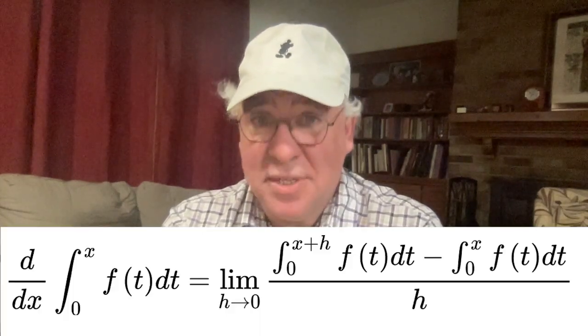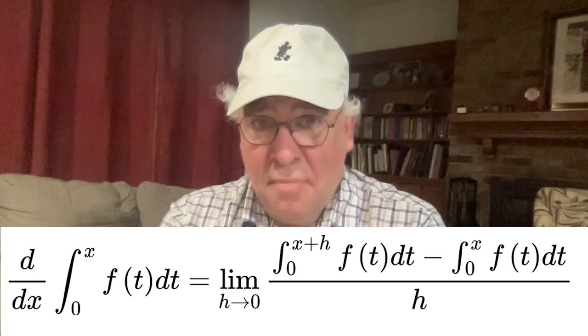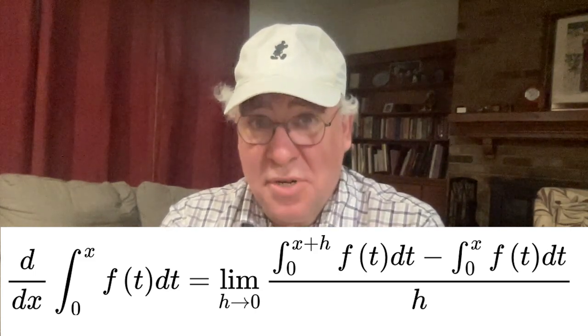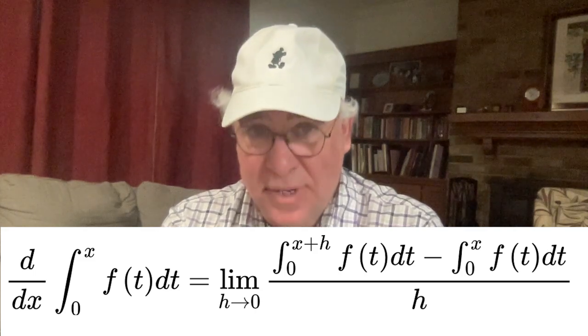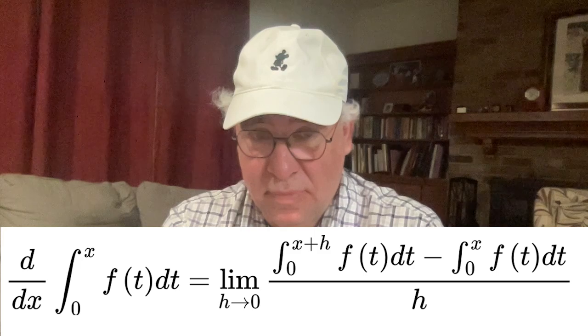Or, using our notation for A of x as the area under the curve f, it's going to be the integral from 0 to x plus h of f of t dt minus the integral from 0 to x of f of t dt, all divided by h.